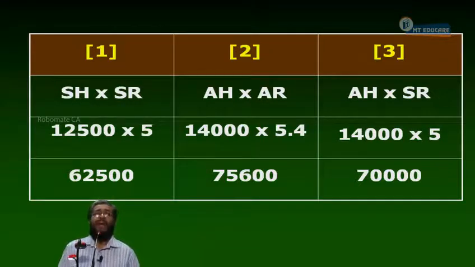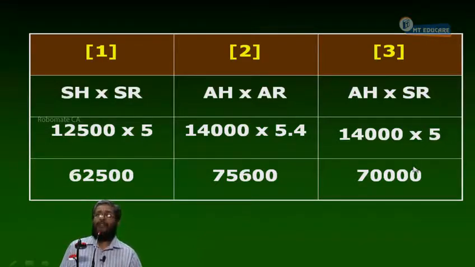Now tell me, I have produced how many units? 25,000 units. For which how much is the labor cost allowed? 62,500. What is spent? 75,600. Overspent by 13,100. Why did labor cost increase?